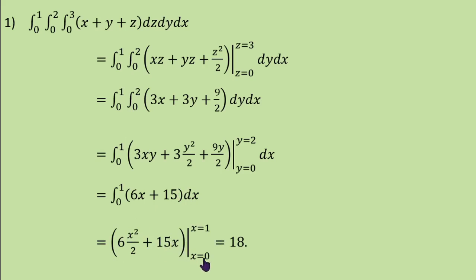Limit of x is from 0 to 1, means upper limit is 1, lower limit is 0. 1 square is 1, lower limit is 0, 1 minus 0 is 1, 1 by 2 into 6 is 3, and here 15 into 1, that is 15, totally 18. Therefore, this triple integral value is 18.